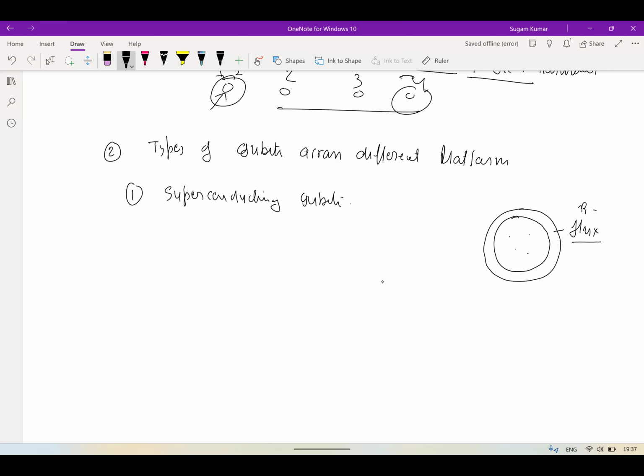And this flux is maintained because of the persistent current that is flowing in the loop. I will explain that this persistent current is not going to flow in one cycle, but actually is going to have an oscillating motion.